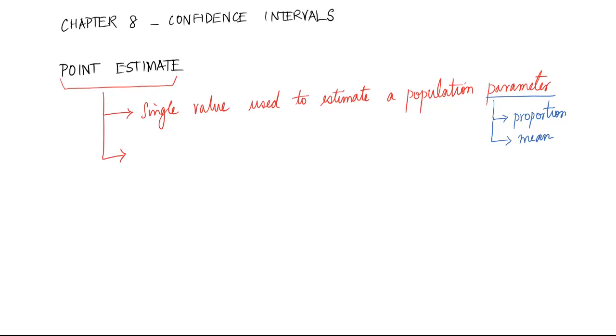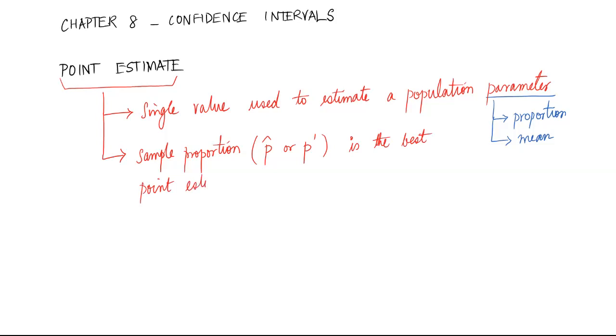And there we have the sample proportion. The book uses two kinds of symbols, p hat or p prime. So feel free to adapt to what the book is using. Sample proportion, p hat, is the best point estimate of the population proportion.